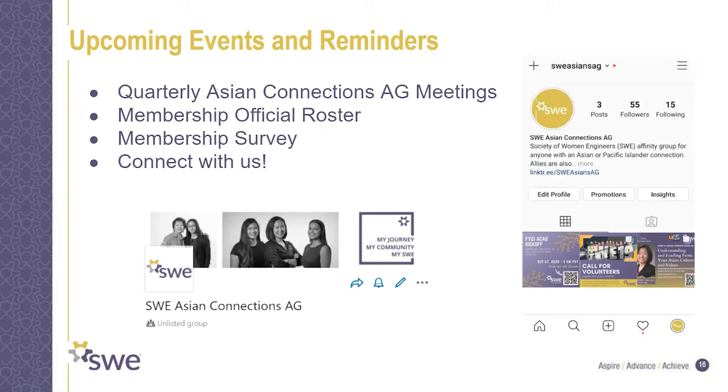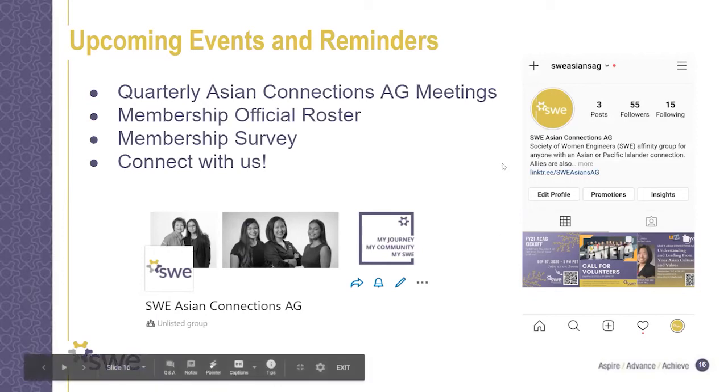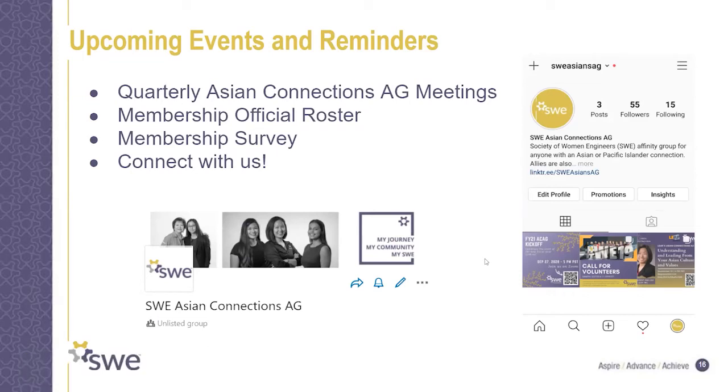So chances are these will be two separate forms, one for the roster and one for the survey. And the member survey is going to be really important, and once we release that, please fill it out. It is a bit long, but it's going to provide us a lot of information on what sort of programming you're looking for, what issues, and cultural events that you're looking forward to.